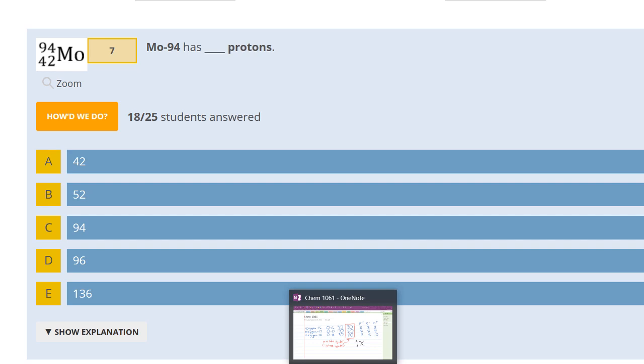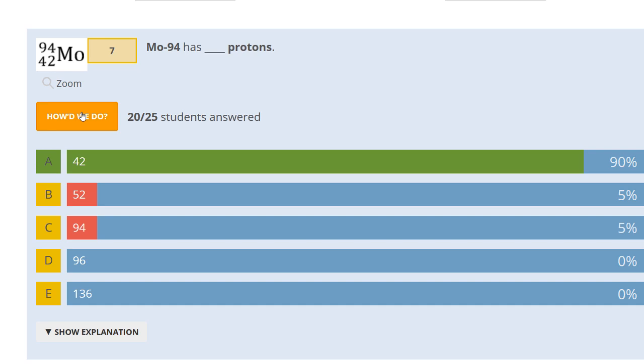We'll count down. 5, 4, 3, 2, 1. Correct answer here, of course, is 42. Because the number at the bottom on there is called the atomic number. An atomic number is always equal to the number of protons.